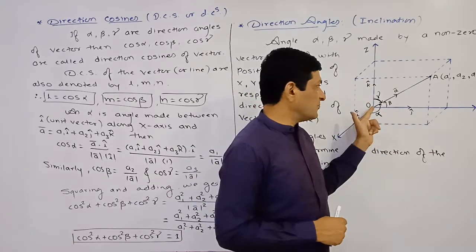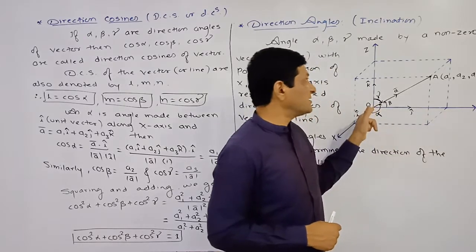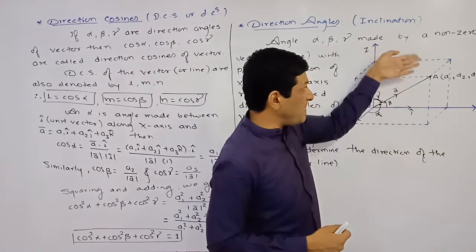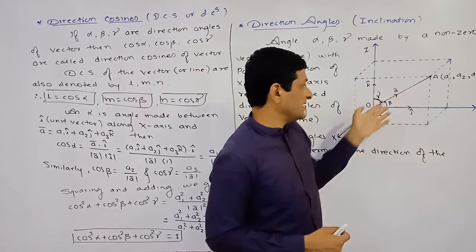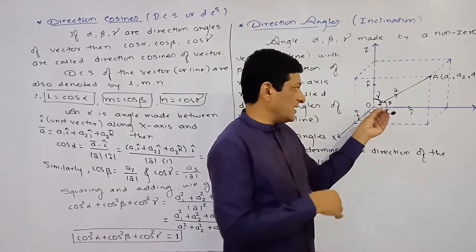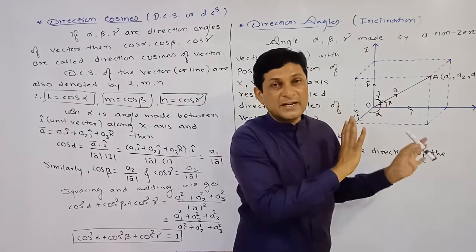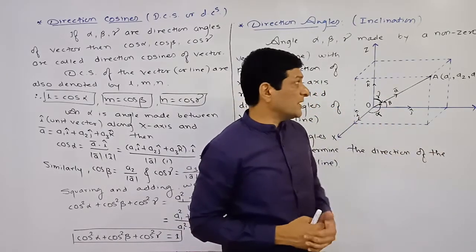We are considering the x-axis on one edge, the y-axis on another edge and the z-axis on a third edge, where these two axes are on the back face, and this axis is perpendicular to the x-axis and y-axis.